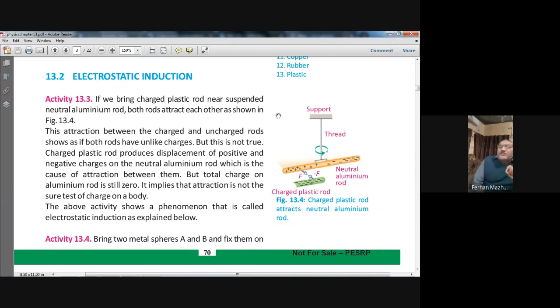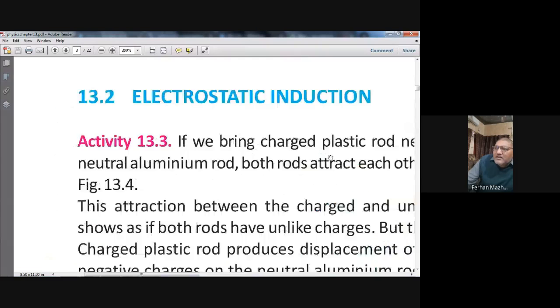The above activity shows a phenomenon that is called electrostatic induction, as explained below. Try to understand. This aluminum rod, let me increase the slide so I can explain to you the wording of this article.